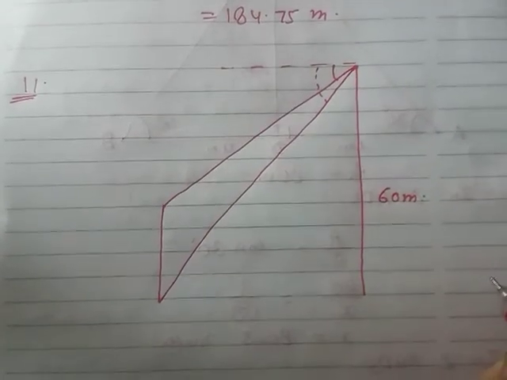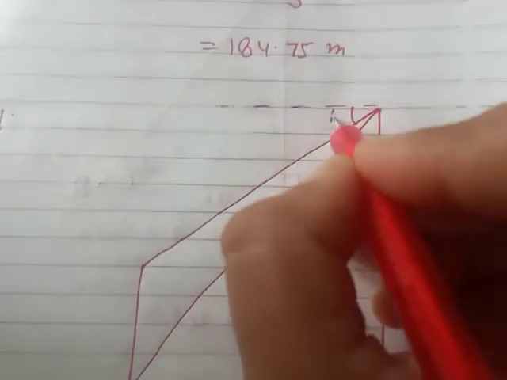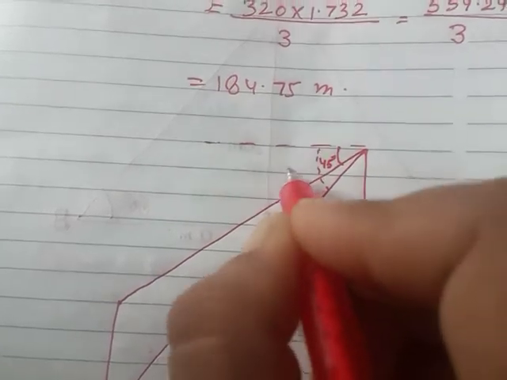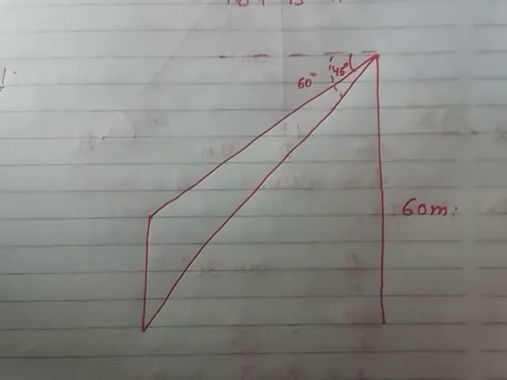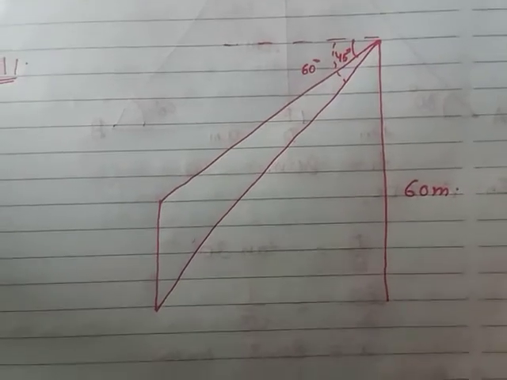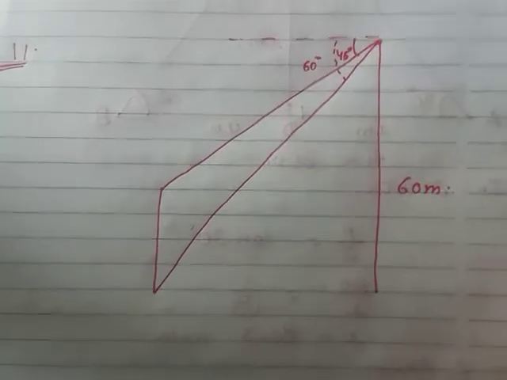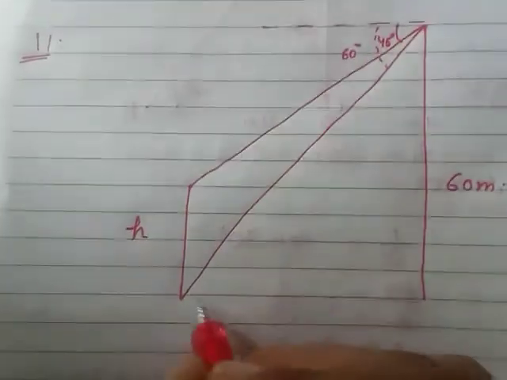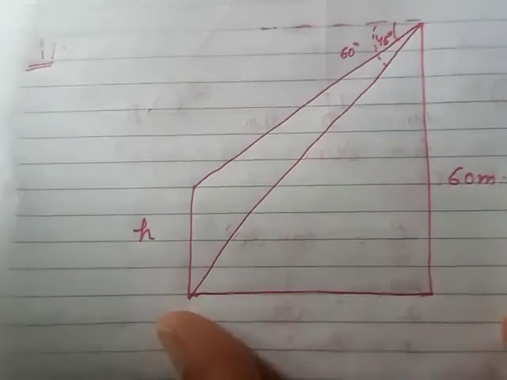They are 45 and 60 degrees respectively. That is 45, and that dotted line will be 60 degrees. And what they are asking is, find the height of the tower and its distance from the building.